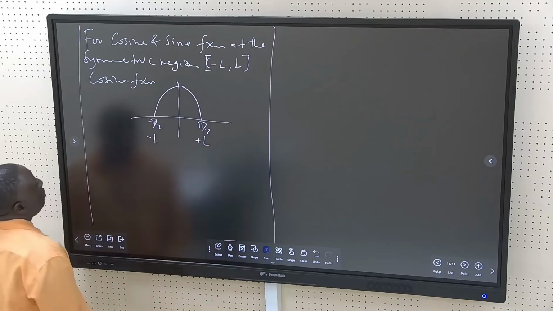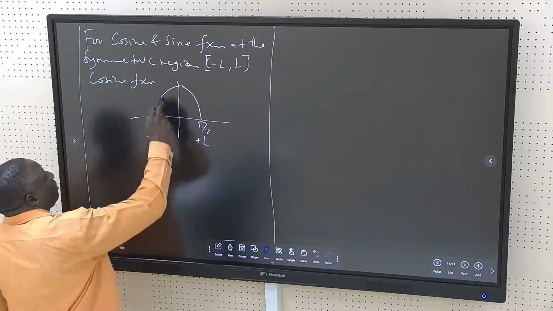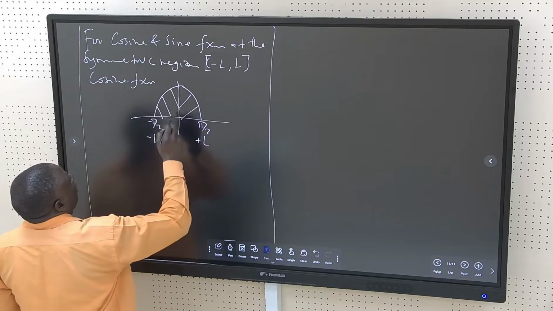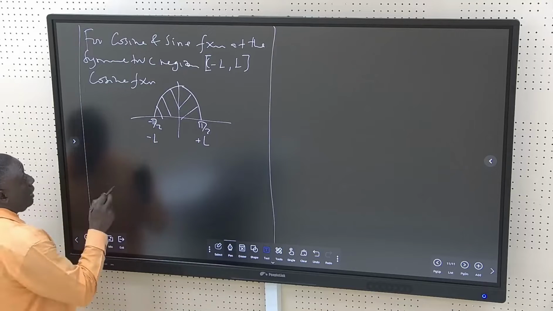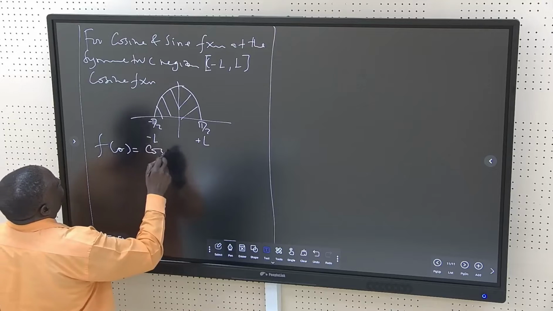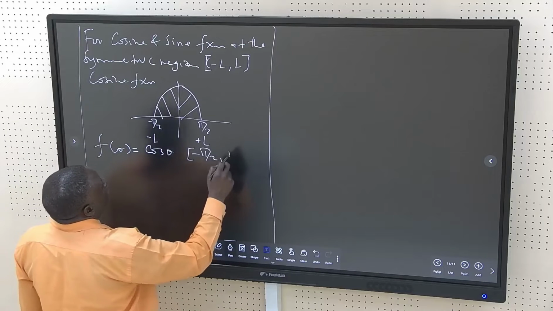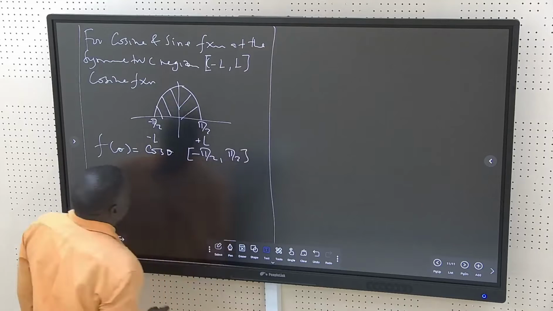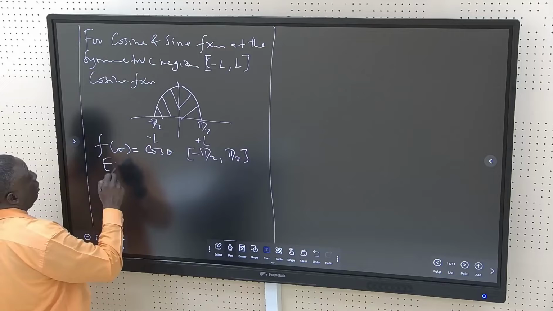You see, the cosine function is even. When you consider the symmetric region here, say f of theta equals cosine theta from negative pi over 2 to positive pi over 2, we say the cosine function is even.